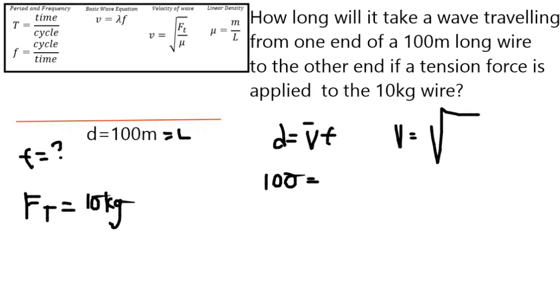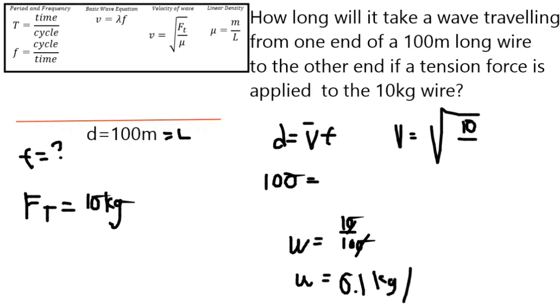So we can use the velocity of a wave equation on a string, but we do not know the linear density, so we'll just calculate it. Our mass is 10 kilograms, and our linear density is going to become mass over length, which is 10 over 100, so just 0.1 kilograms per meter.